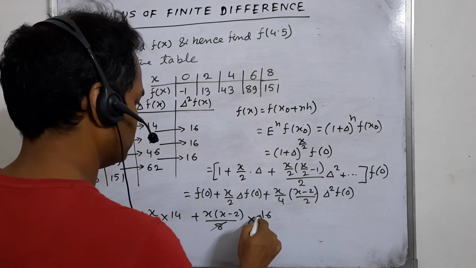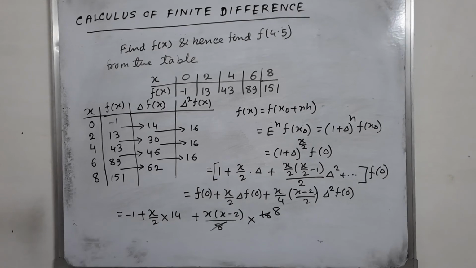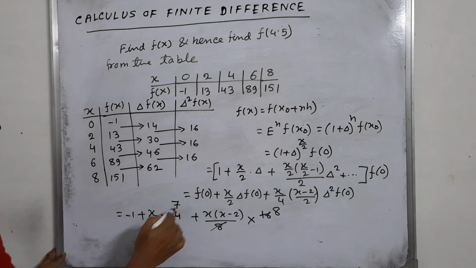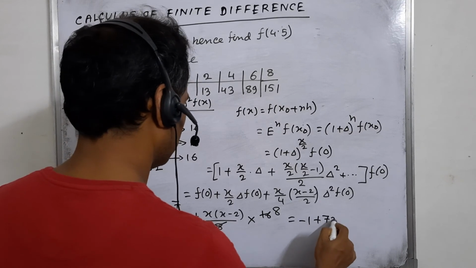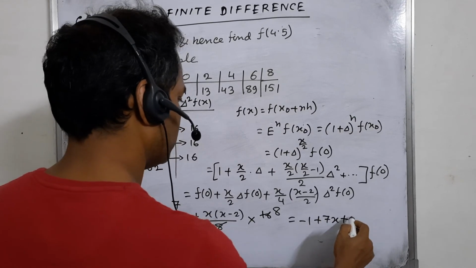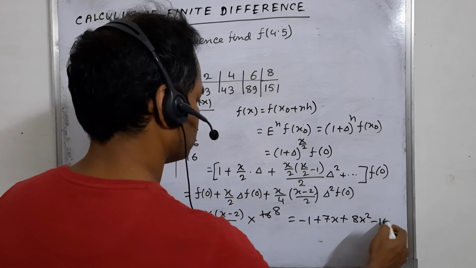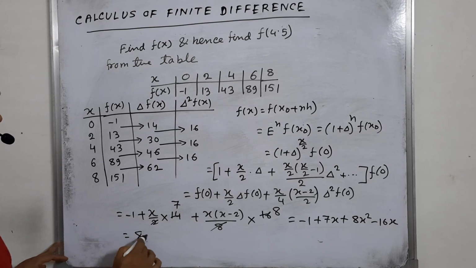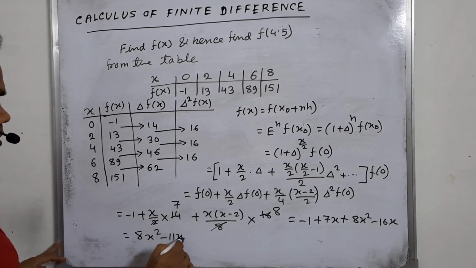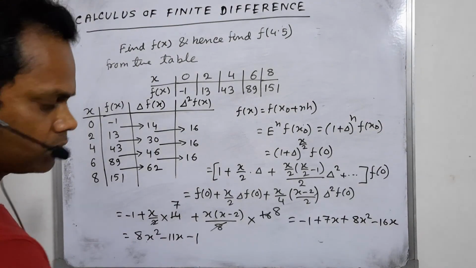By cancellation, 8 into 16 gives 2, and this one is 7, so this becomes minus 1 plus 7x plus 2x square minus 4x, which equals 8x square minus 11x minus 1. And this one is fx.